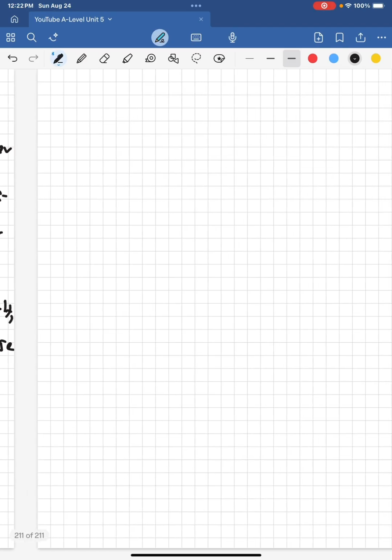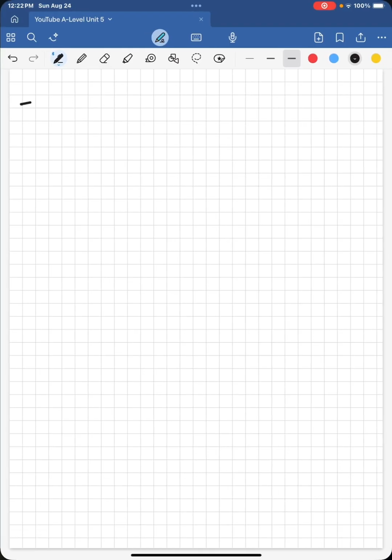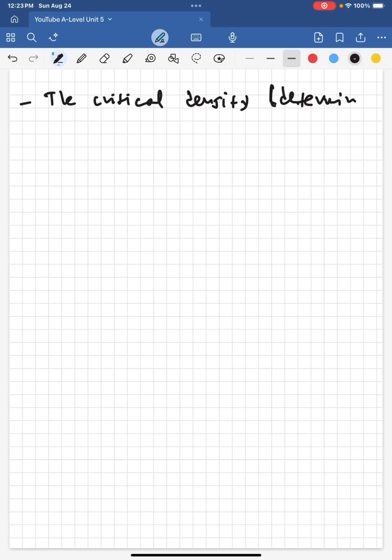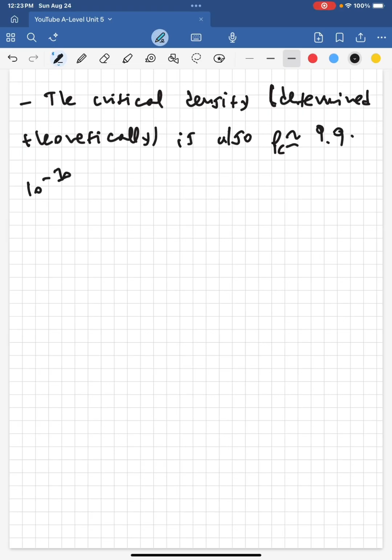Okay, so the critical density, which is determined theoretically, is also about rho critical. It's about 9.9 times 10 to the negative 30 grams per cubic centimeter.